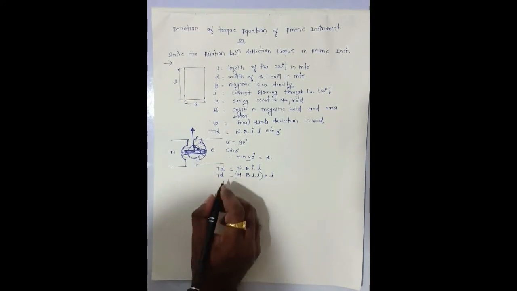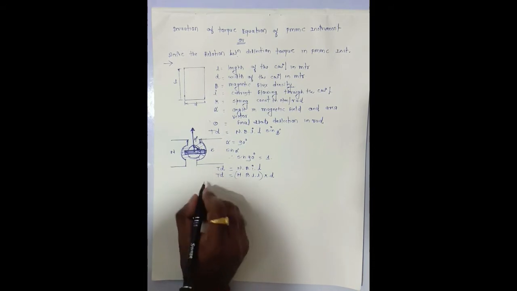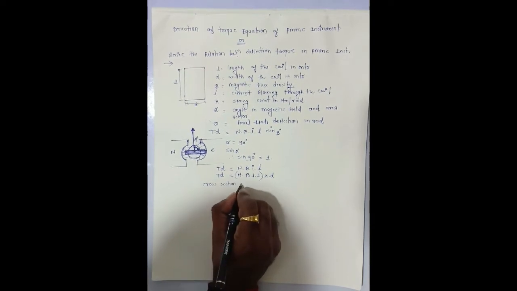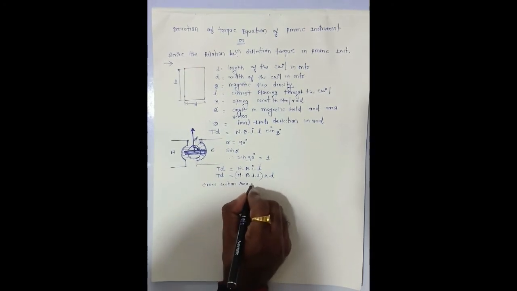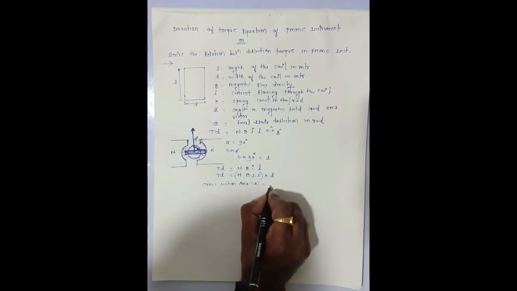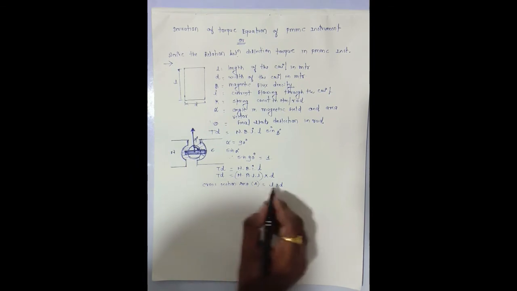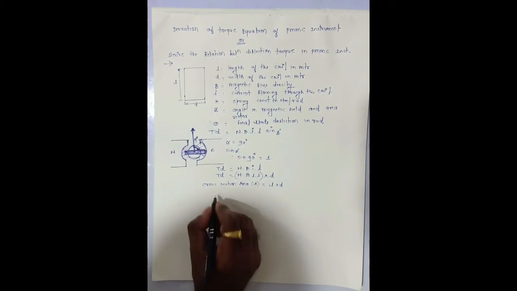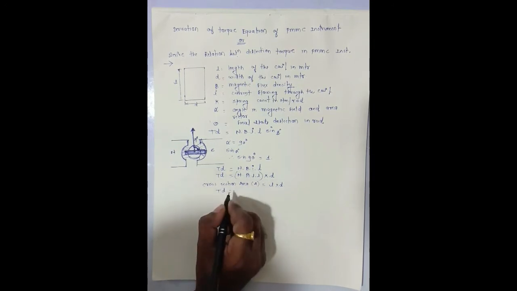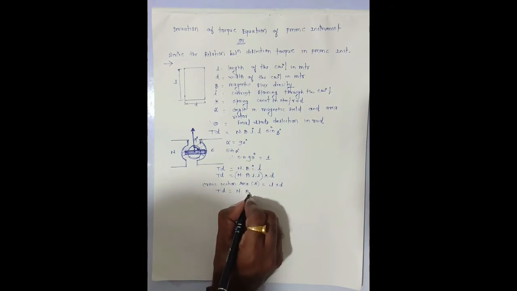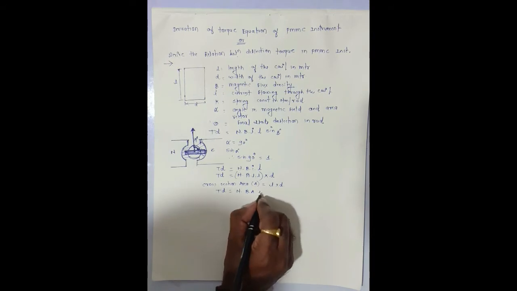As we know the cross section area A is equal to length into width, so L into D is equal to A. So TD is equal to N into B into A, that is the cross section area, into I.